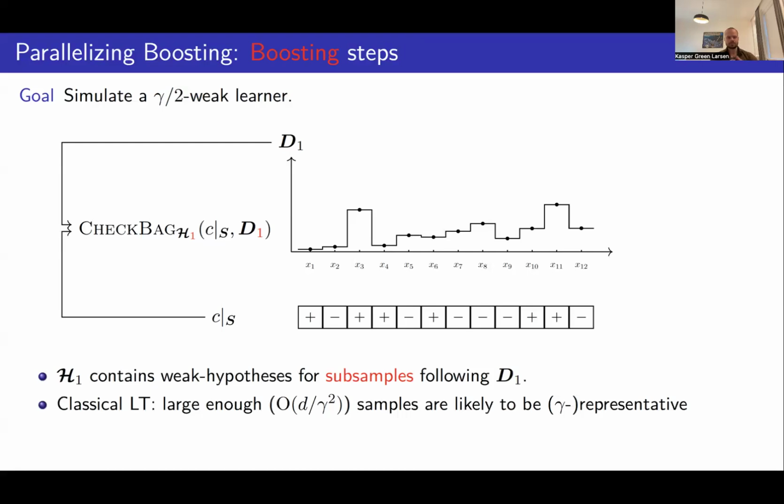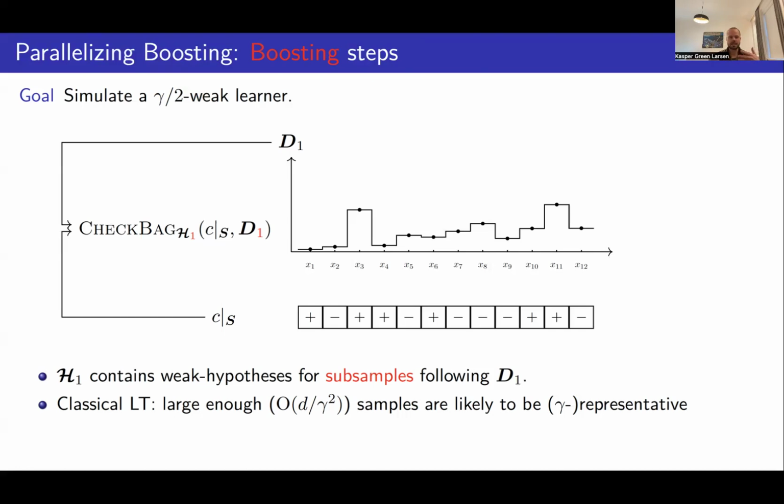And the idea is basically we're just going to check: is there one of these many classifiers in my bag whose error is at most a half minus gamma half, meaning I'm a gamma half weak learner? And then I'm just going to go with one of those as my classifier for boosting. Here you can use classic uniform convergence bounds because my subsamples are just samples from this distribution D1.